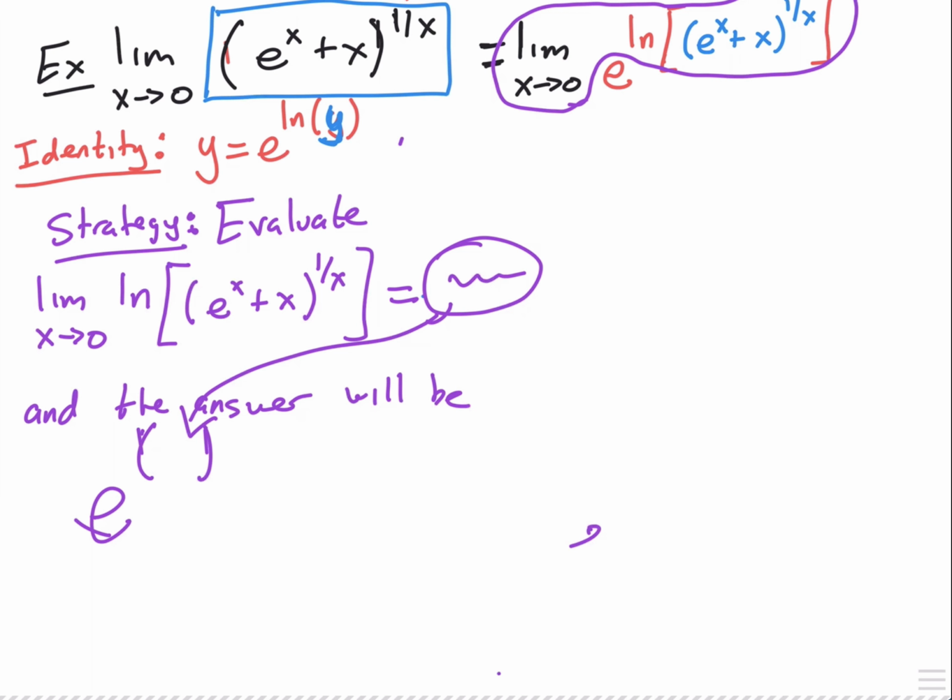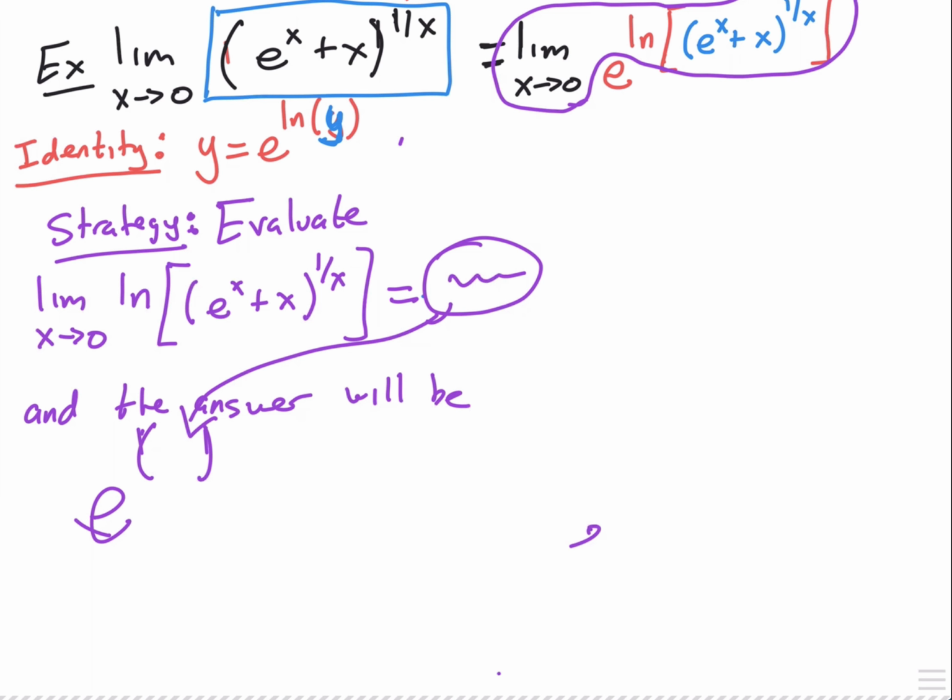So whatever your function is, you're going to get the limit not of the function, but of the natural log of the function. What's the whole point of throwing in a natural log in there? Well, because that'll allow us to move the exponent down. And then once we find that limit, what's my answer?